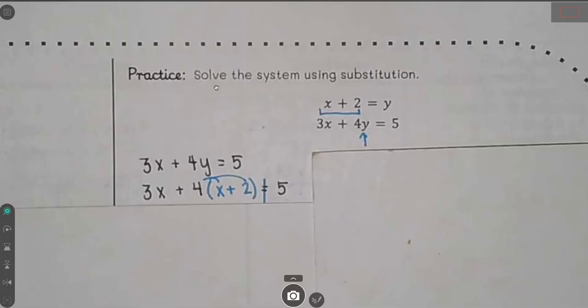When you distribute the 4. So what does x equal?